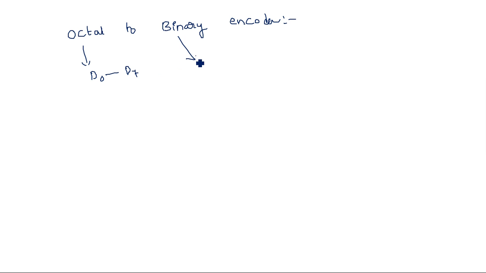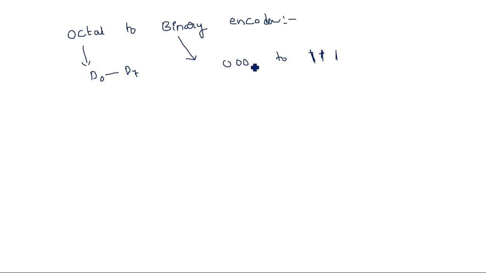Binary information is the corresponding number, from 000 to 111. 000 means 0, 111 means 7. In that way these two are related.